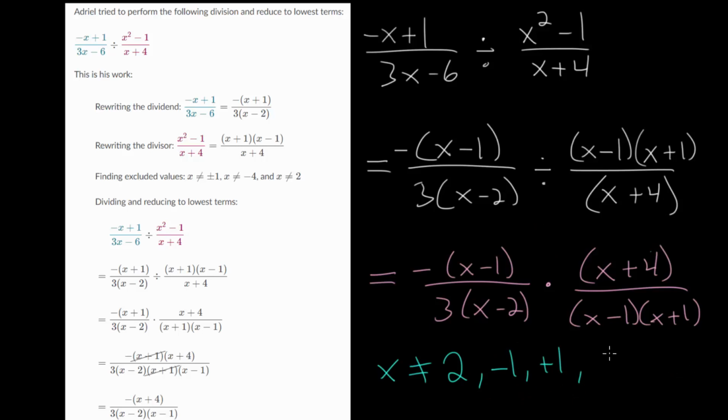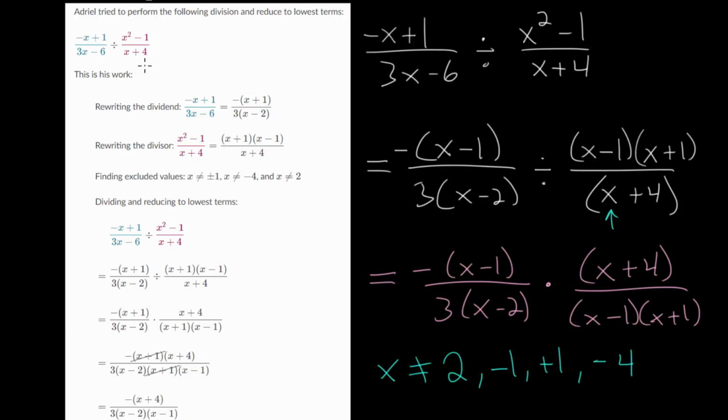Now, the tricky part is that we also need to exclude negative 4 because that's in the denominator for this fraction. We did eventually flip it over, but if you plug in negative 4, then you would be dividing by this expression here, which would be divided by 0, and that is undefined. So, like I said, we also have to exclude negative 4 from this.